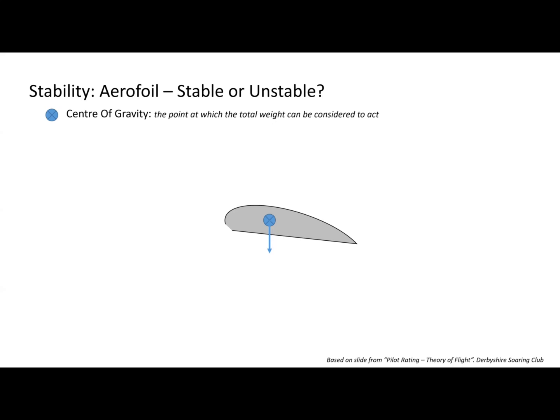A bit like the point of pressure. And gravity is always working downwards. And then you have the point of pressure. It's an aerofoil, so it's got lift. The net pressure is generally going upwards. And generally they're in balance. They're around about the same point in the aerofoil.